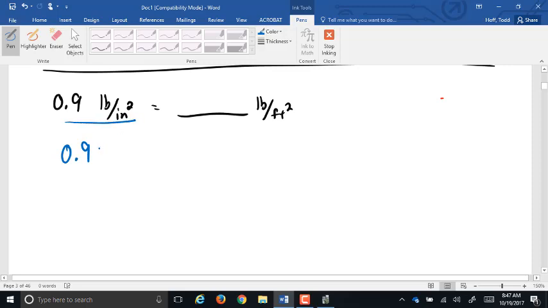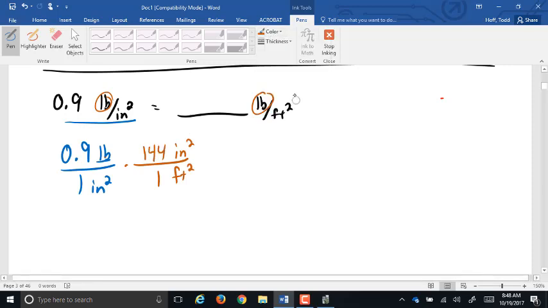So 0.9 pounds per square inch is 0.9 pounds over 1 square inch. Are we changing the pounds? No. Pounds, pounds. So it's just the square inches we're changing. They go on top because they were on bottom. 1 square foot is how many square inches? 144.